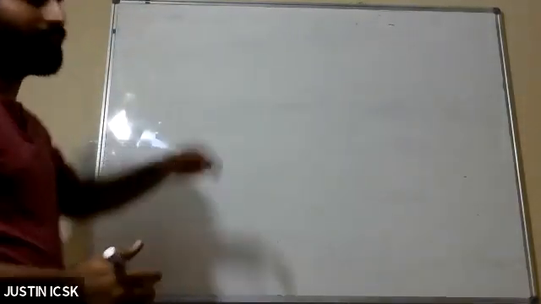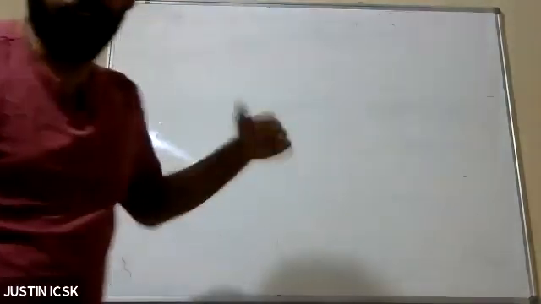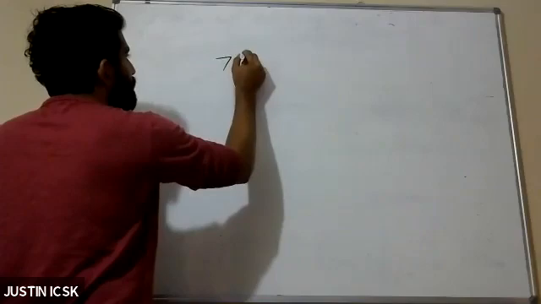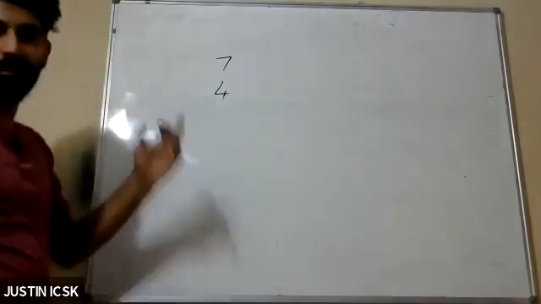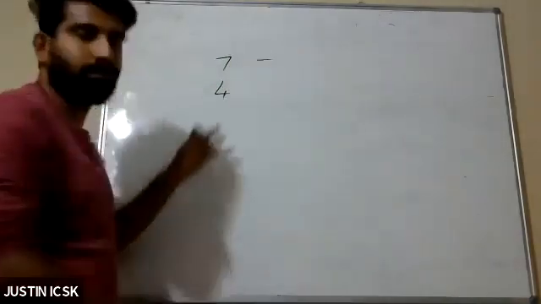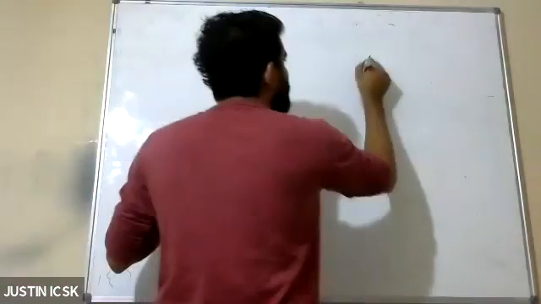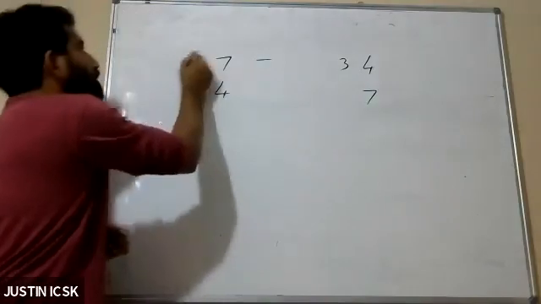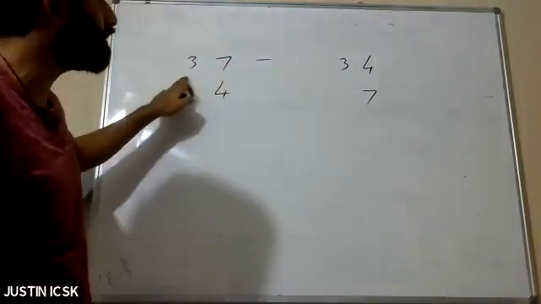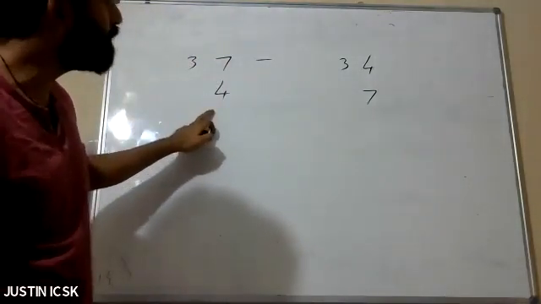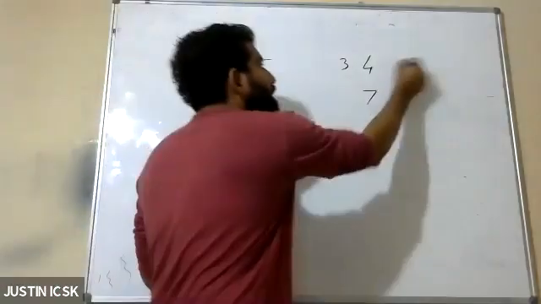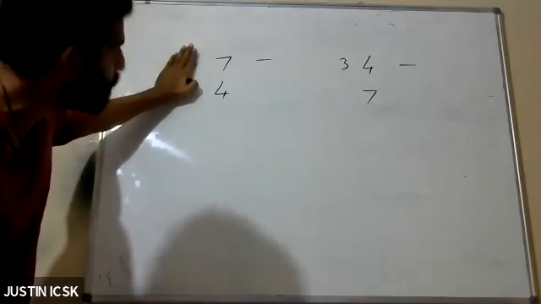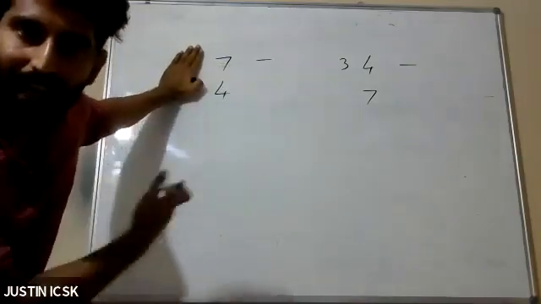Now, when we are subtracting, there are two chances. 7 minus 4 is a direct subtraction. Suppose I'm subtracting 37 minus 4 or 34 minus 7. When subtracting 4 from 7, it's a direct subtraction only.